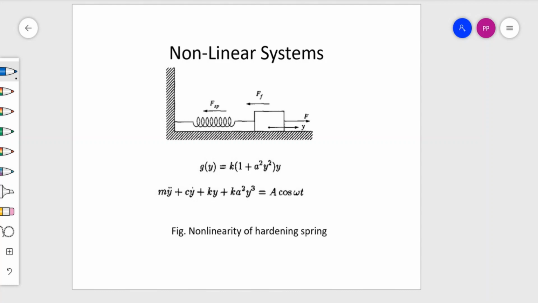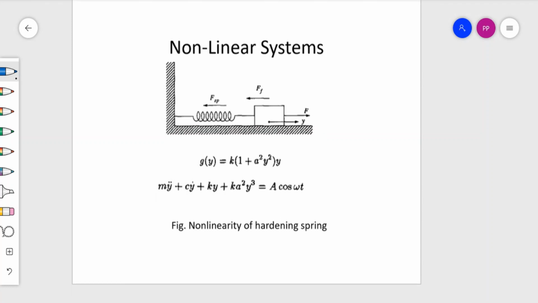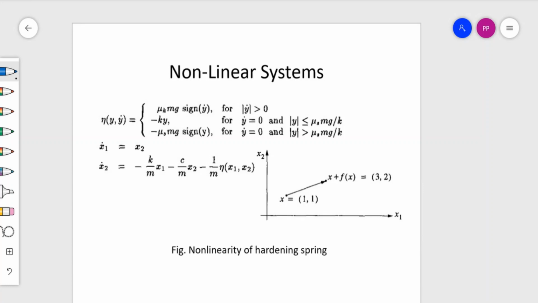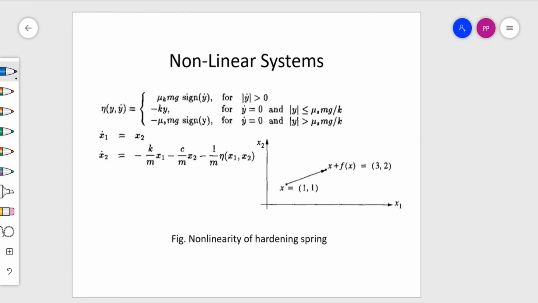So this is the representation of the complete spring mass damper system, which is nonlinear obviously because of the involvement of the cubic power of y, as well as y is a dependent variable.